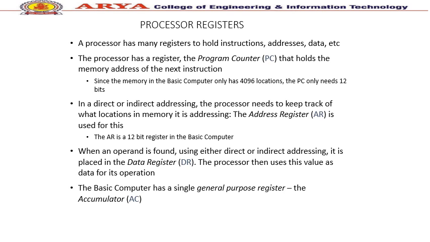It means the address register AR is used for this. When an operand is found using either direct or indirect addressing, it is placed in the data register DR. The processor then uses this value as data for its operation. The basic computer has a single general purpose register. It means that this is the accumulator. It is a temporary register.